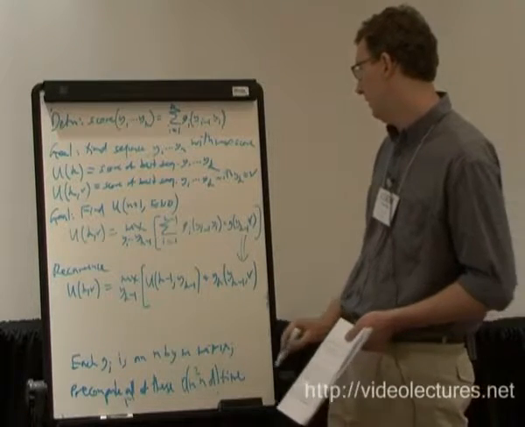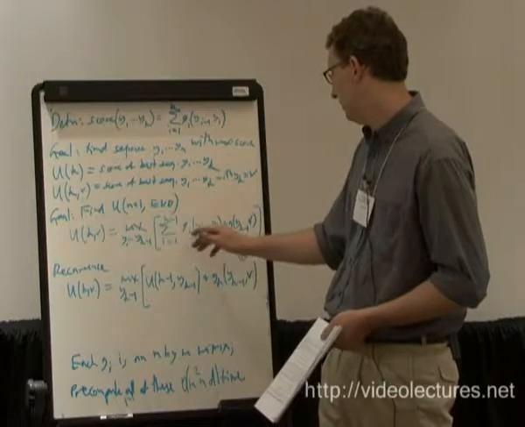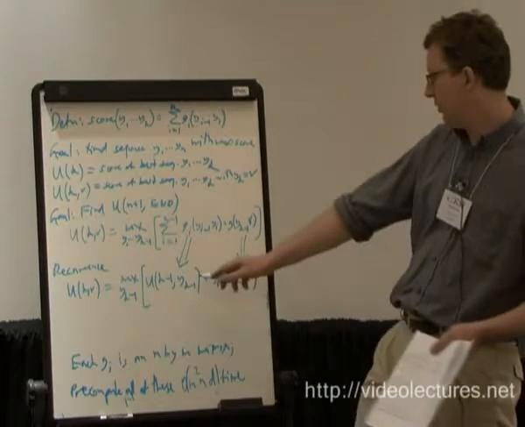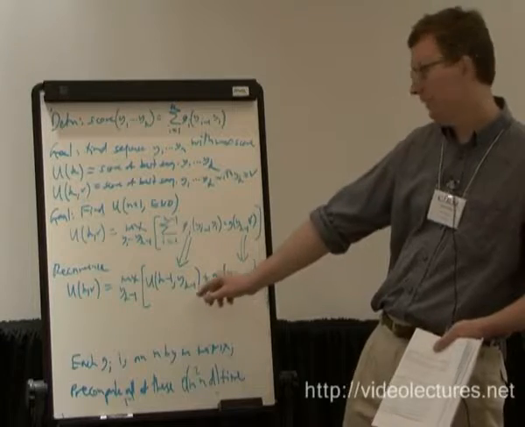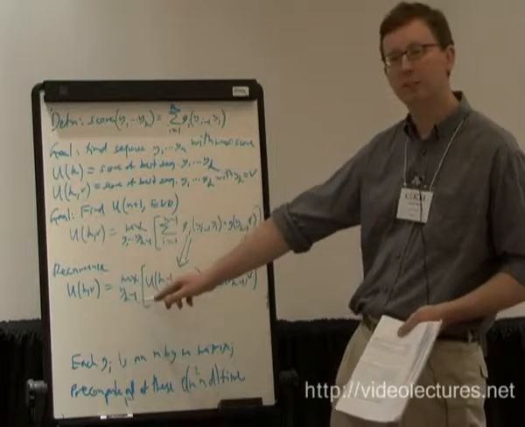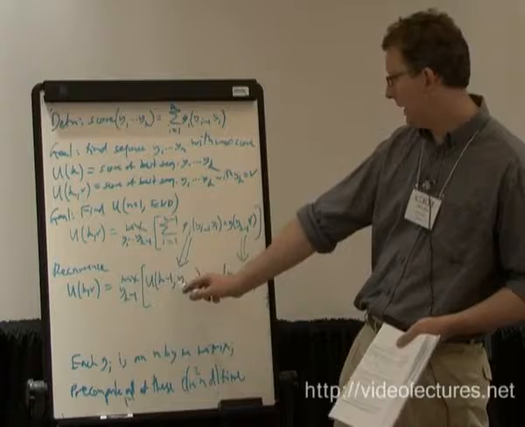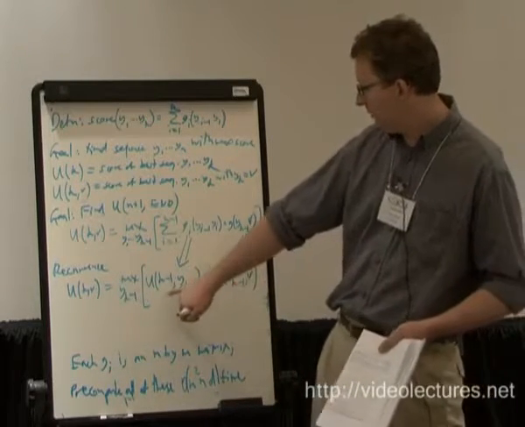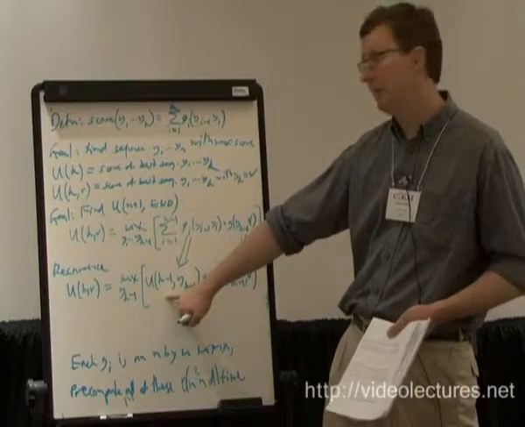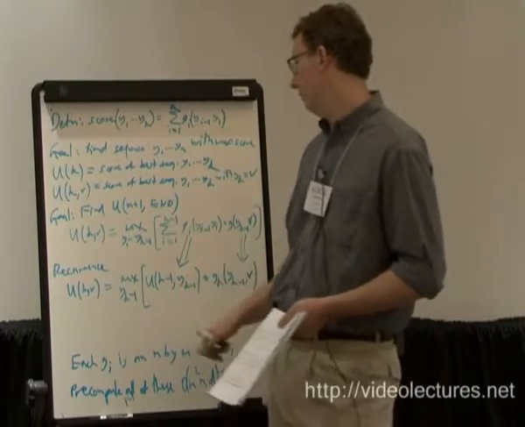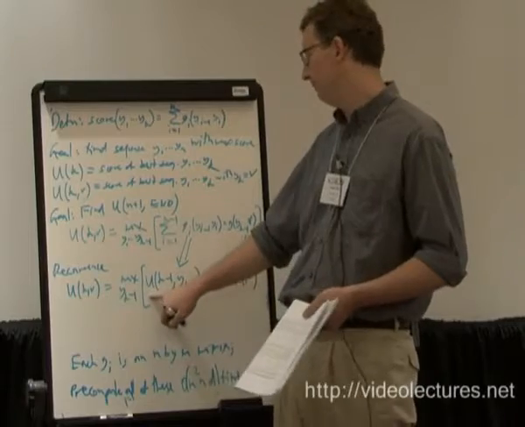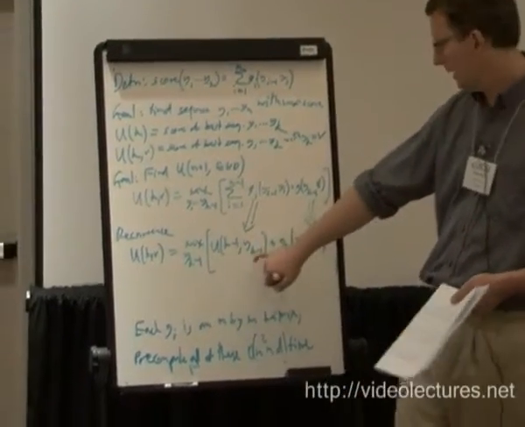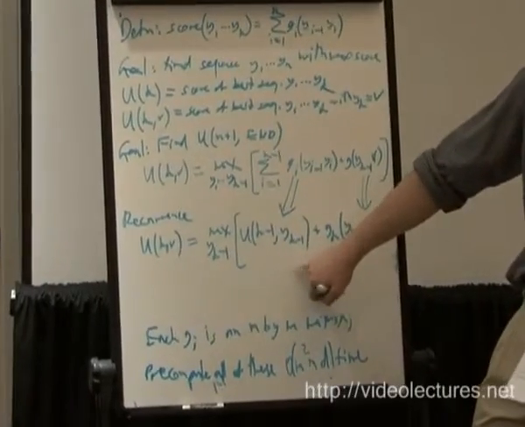And then I have a free choice of yk minus 1. That's the maximum over yk minus 1. But then u of k minus 1, yk minus 1, by definition, that's the maximum over y1 to yk minus 2, and then ending at yk minus 1.